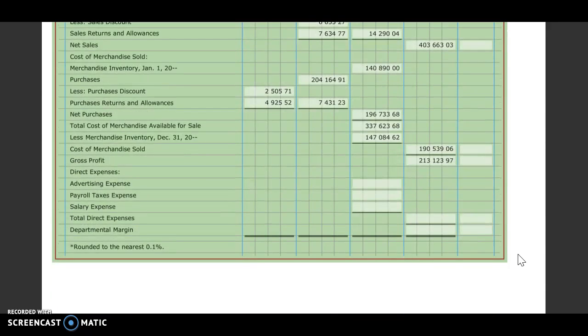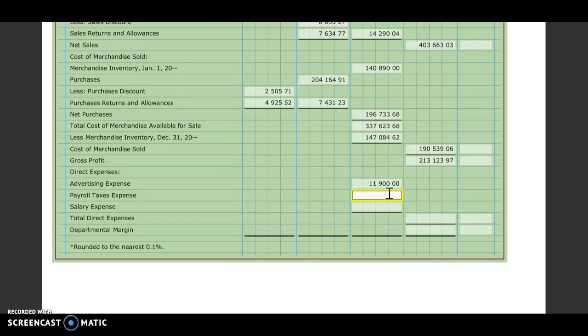Next section, we're going to move on to our direct expenses. We go to our adjusted trial balance and look in our expenses section. Under that, we should see advertising expense, and we want to make sure that we are looking at the correct one. Advertising expense kitchen is $11,900.